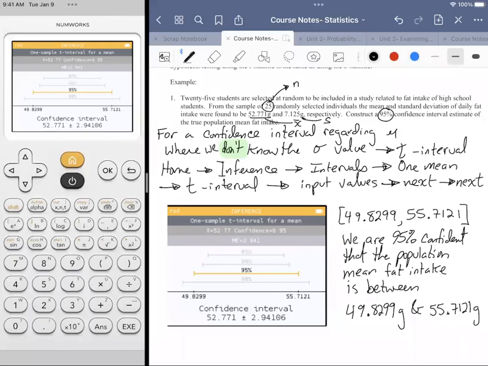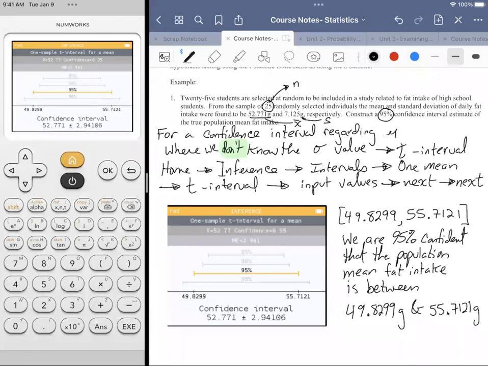So we now know that this approach is used in any case where we're trying to find a confidence interval involving the population mean, but we don't know the sigma value. And honestly, the way most of the questions are structured, it almost always has to be overt if the population standard deviation is known.